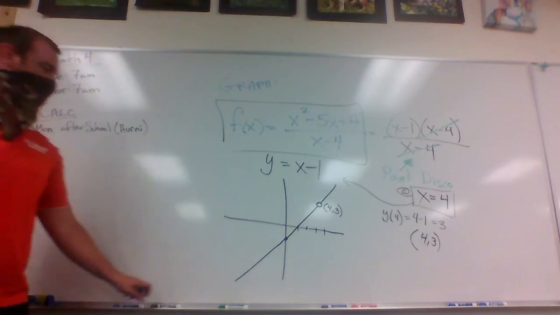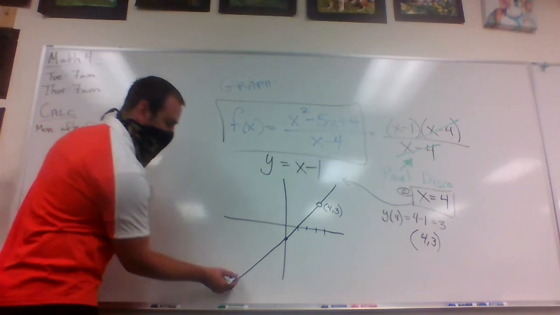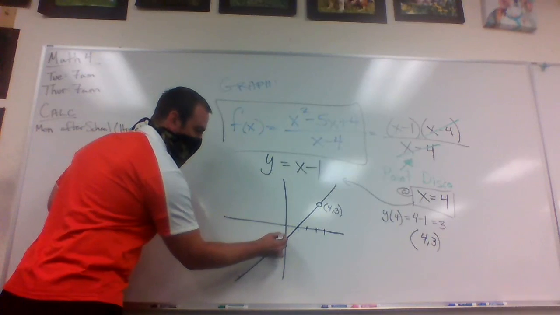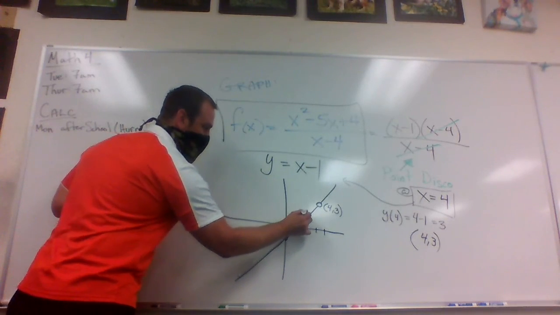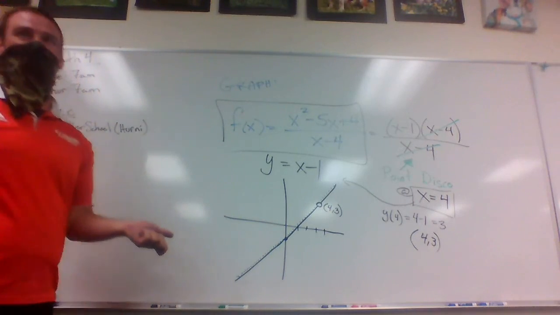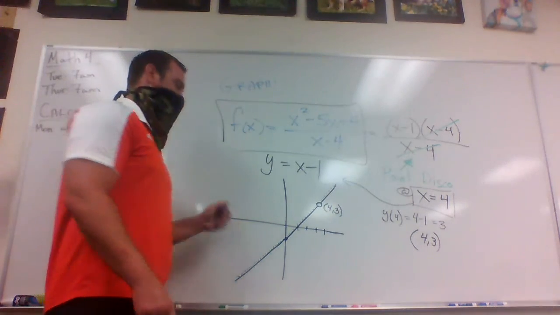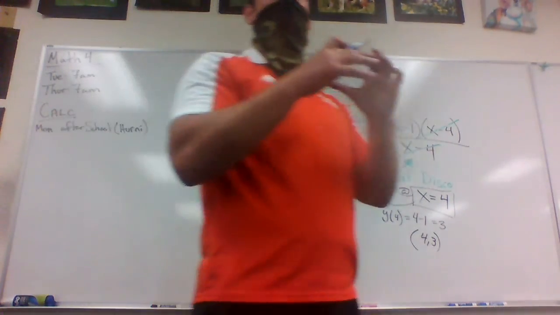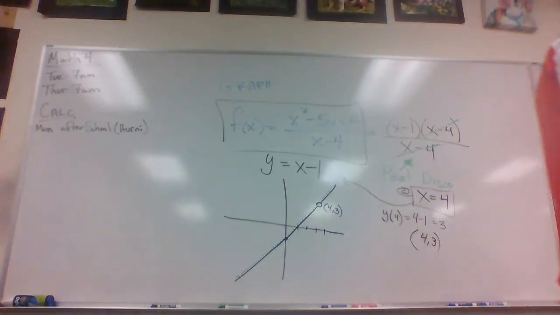Remember, your calculator graphs a whole bunch of points, a little bunch of dots, and when they're all next to each other, it still looks like a straight line that's all connected. So if they leave one out, it's not going to graph a circle. We put an open circle to make it very obvious to us that there's a point disco.